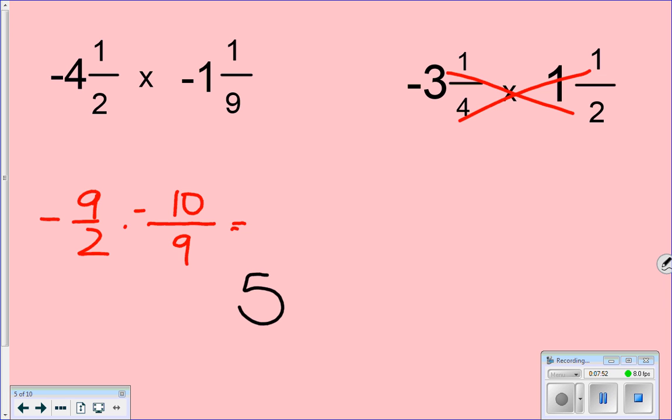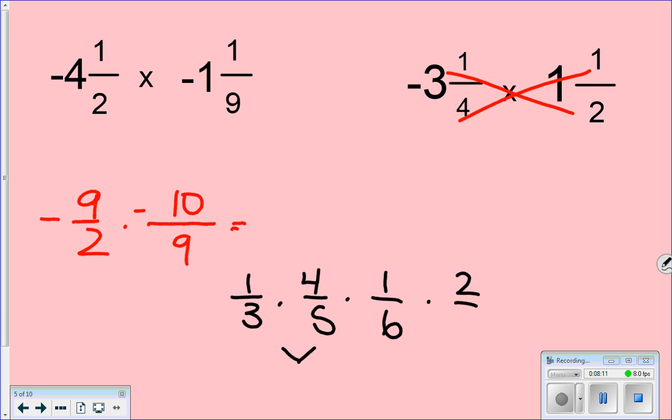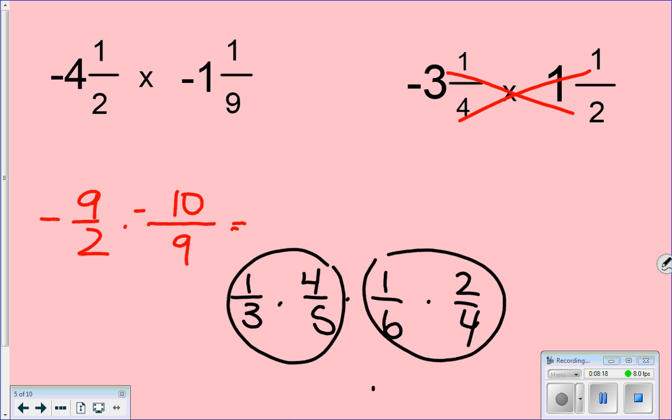Another thing I'm just going to quickly show you that you need to do in your homework today is they are going to give you more than one. You can do left to right if that's easier. I would do these two, and then I would do this one, or sometimes they're going to give you another one. Another easy way to do it would be multiply these two, and then multiply their answers.